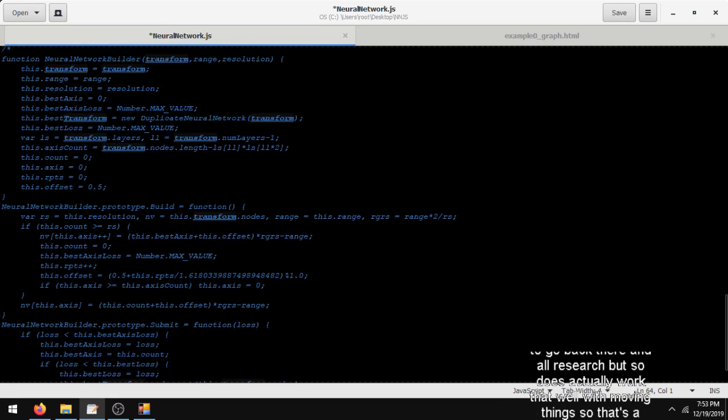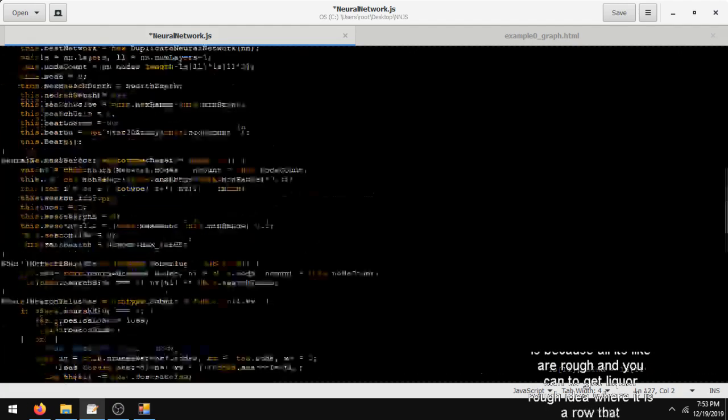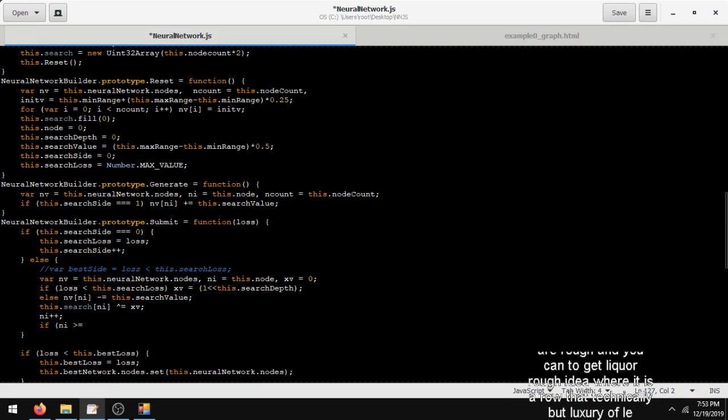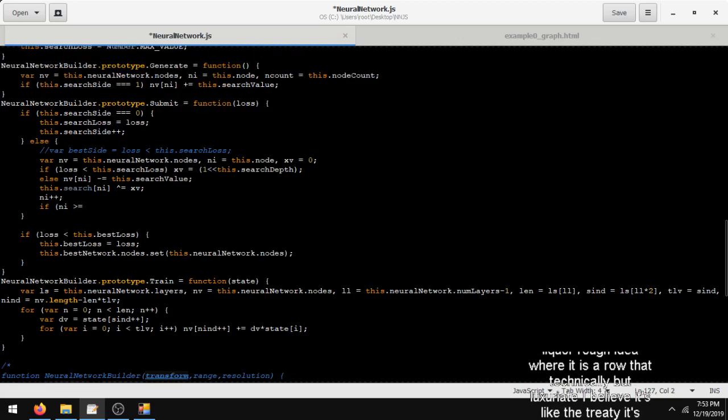That's one of the reasons I'm looking at a grid search like this, because it's rough, and you could get a rough idea where it is. I don't know, but technically the octree, I believe, the tree subdivided grid, is just the optimal way of doing the grid search.